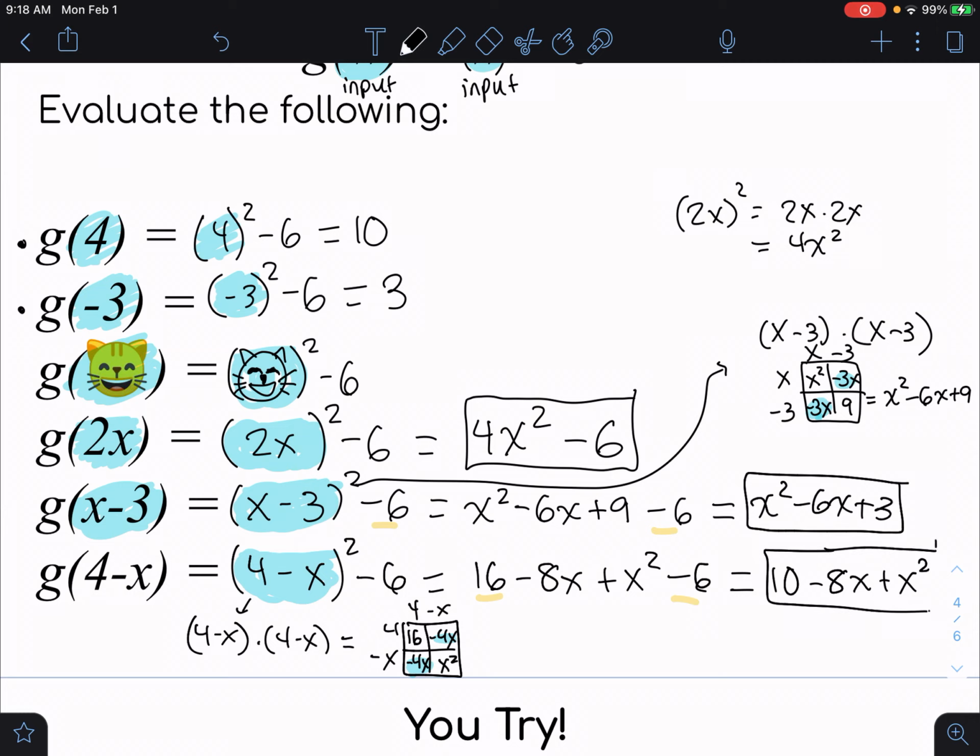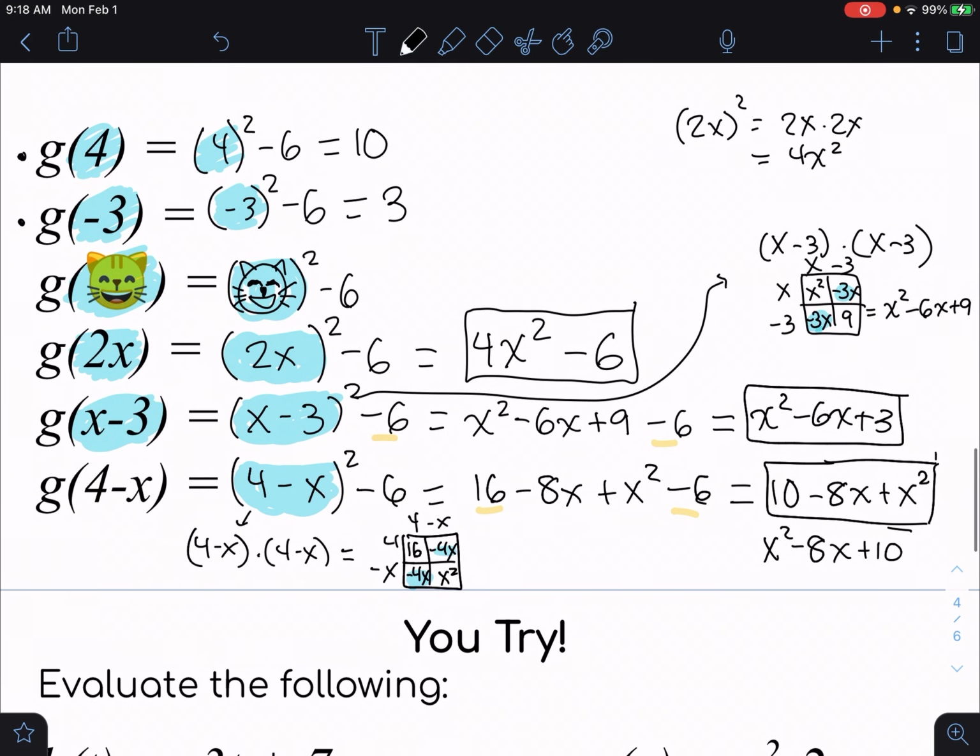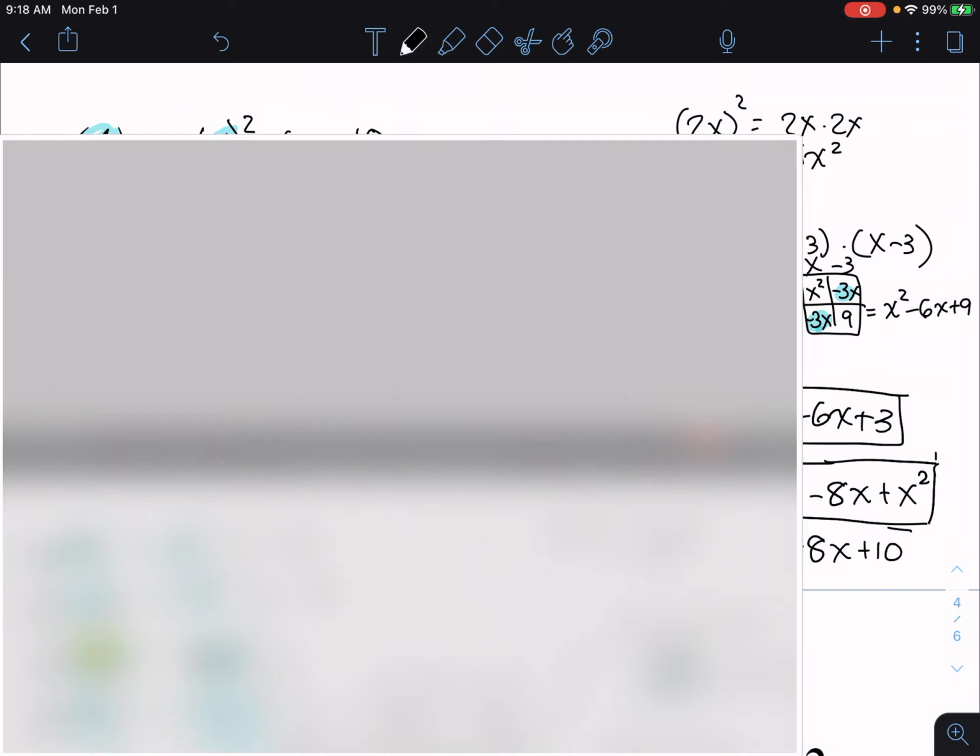Oops. Okay. Technically, if we wanted to write that in standard form, right, good habit to, pen's not working great. We would want to write that as x squared minus 8x plus 10. Let me reset. Get the pen working.